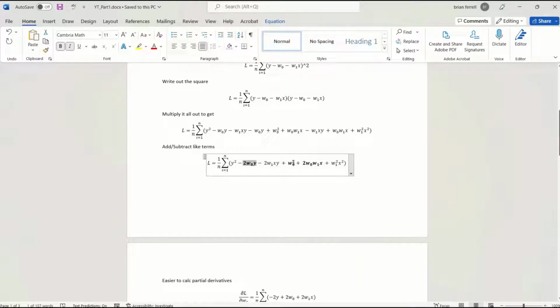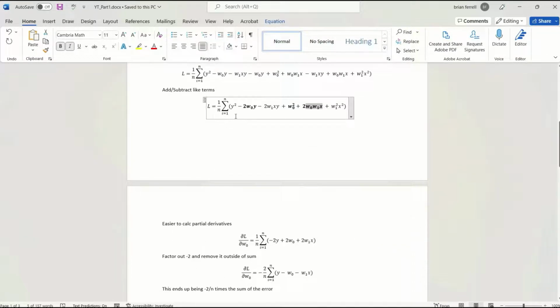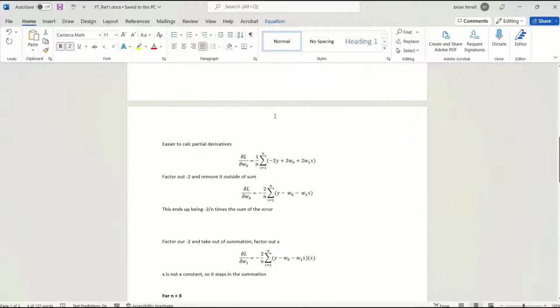I bold the parts that matter to us, which is, if we're taking the partial derivative with respect to weight 0, then these are the only terms that we care about because they're the only ones that have weight 0 in them.